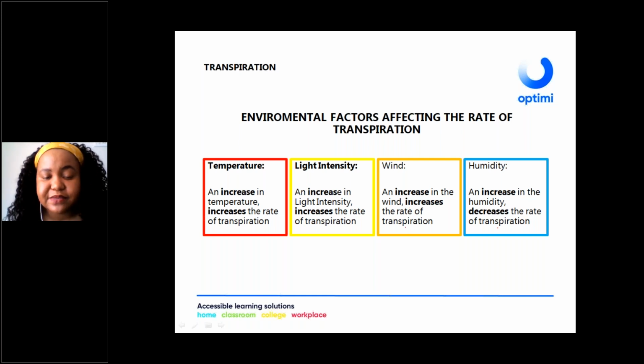When water evaporates, it creates a layer on the leaf of the plant that prevents further evaporation from taking place. Okay, so what happens when there is wind is that the wind blows over that layer, which will then cause an increase in the rate of transpiration.